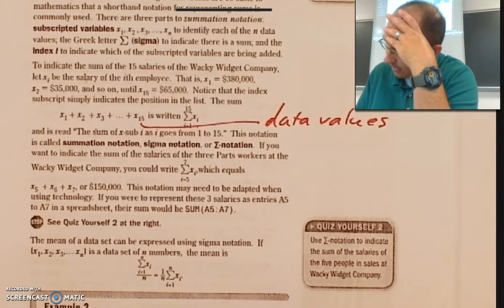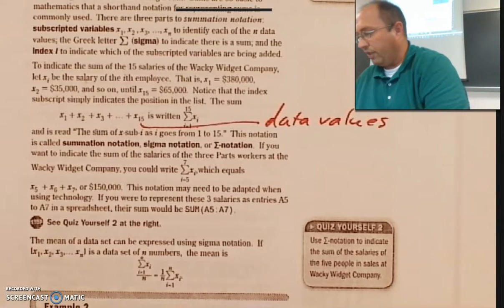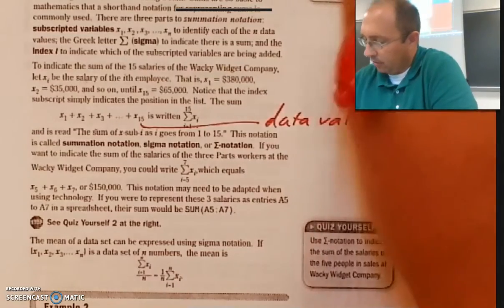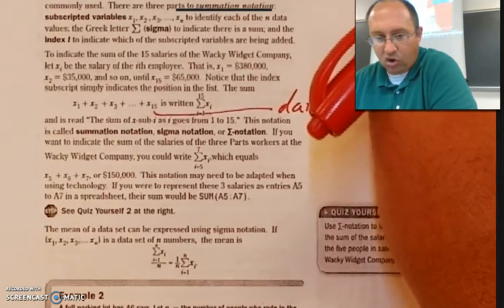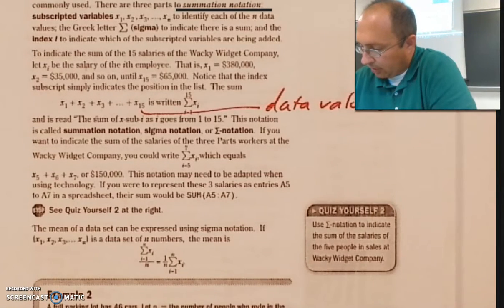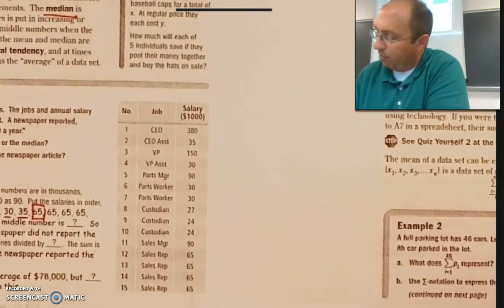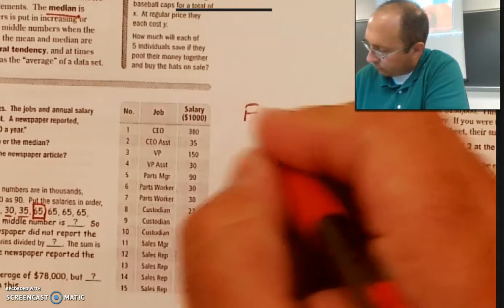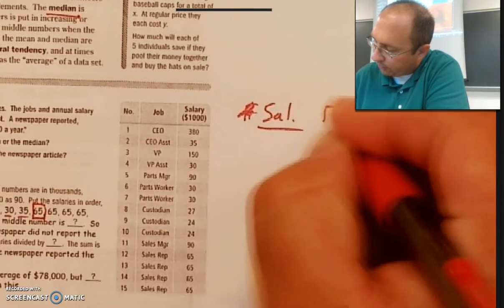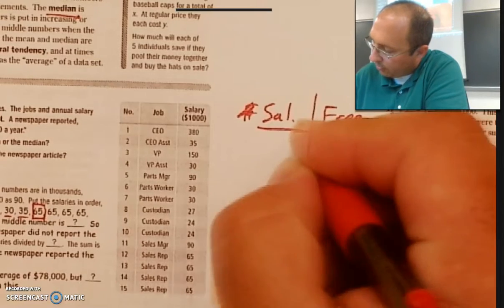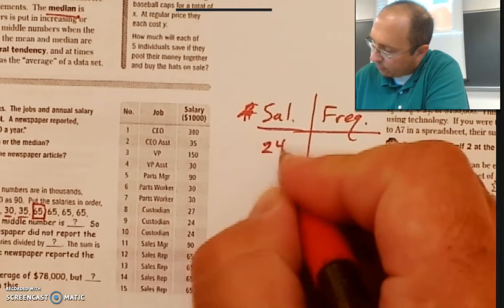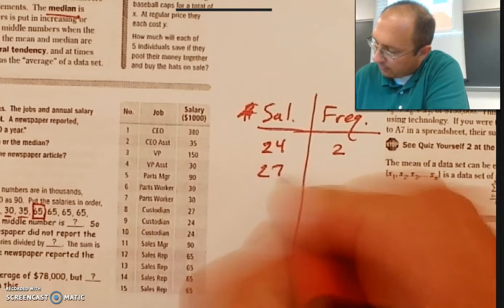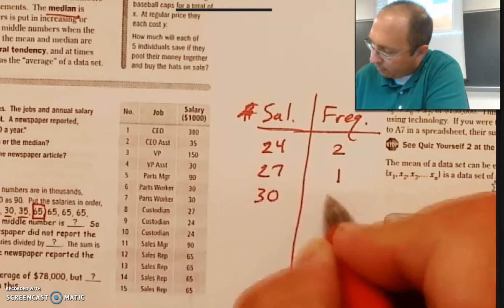We could have also written that in a frequency table. I don't know if they have a frequency table listed on the other side. But a frequency table could have all of that written out, like you had 2 people at 24,000, 1 person at 27,000, 3 people at 35. So maybe that chart could have been abbreviated. We could have had salary and frequency. So we could have done something like this and said the salary was 24,000, there were 2 of those, 27 and 1 of those, and 30 and 3 of those.